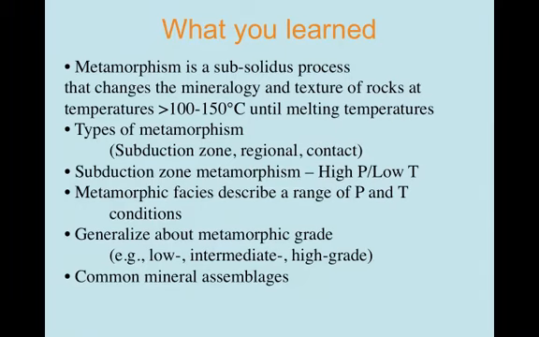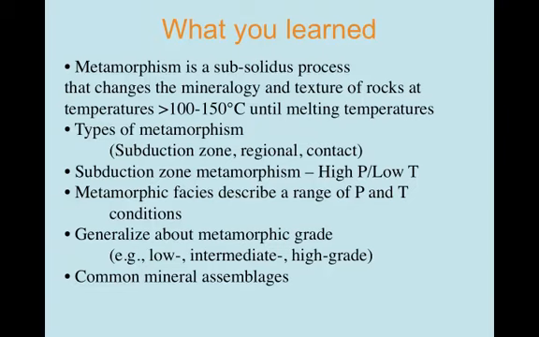So what you learned in this module is that metamorphism is a subsolidus process that changes the mineralogy and texture of rocks at temperatures above 100 to 150 degrees Celsius until you get to melting temperatures appropriate for your protolith. There are different types of metamorphism, and I broadly discussed subduction zone, regional, and contact metamorphism. Subduction zone metamorphism has conditions that are high pressure and low temperature.